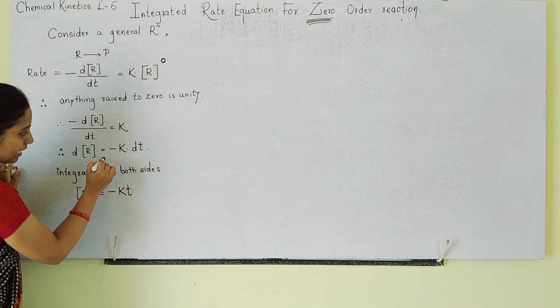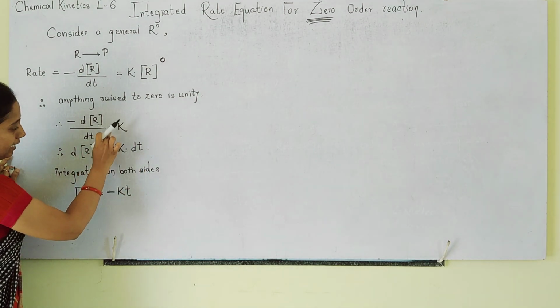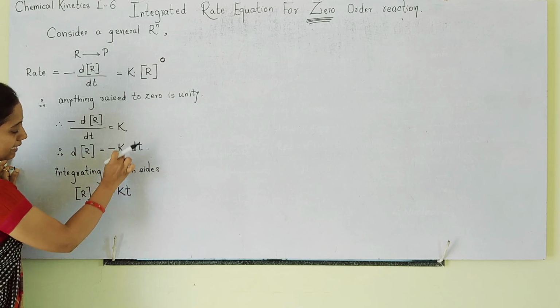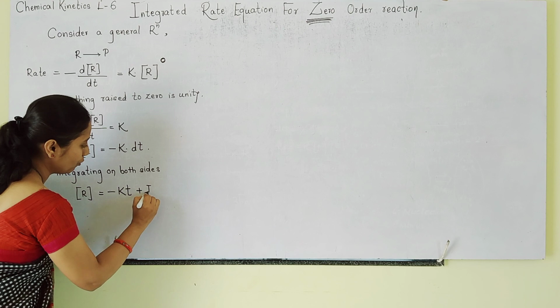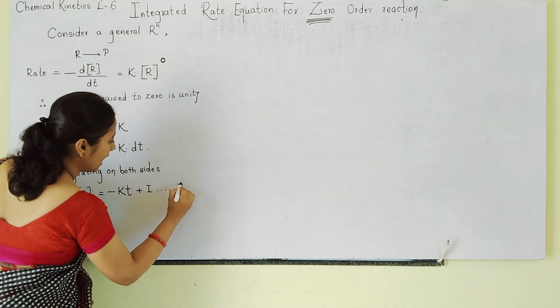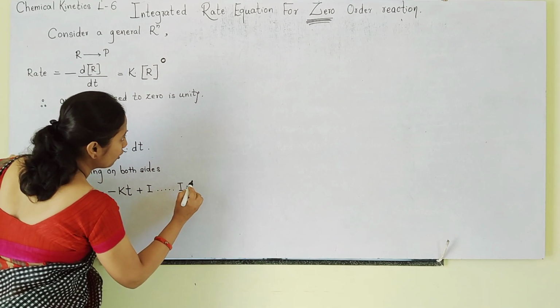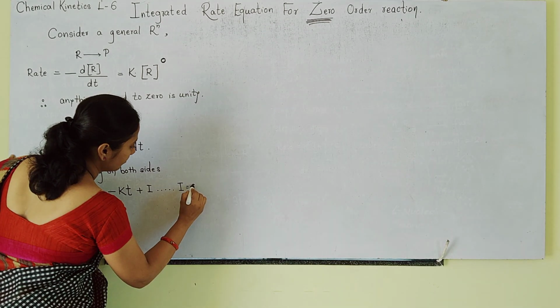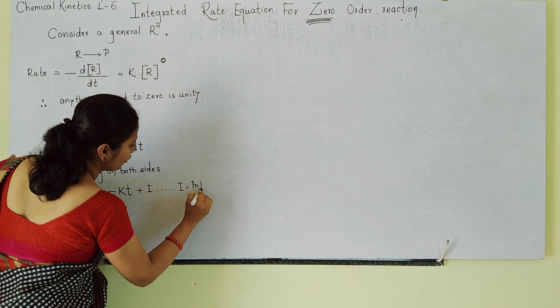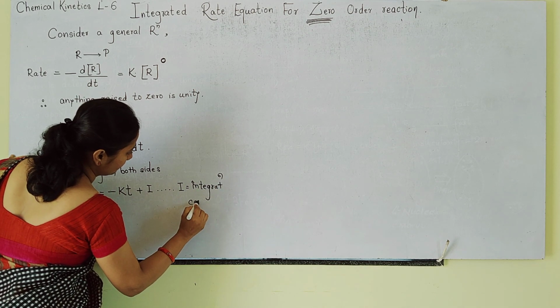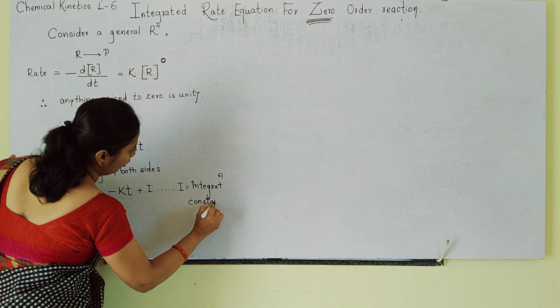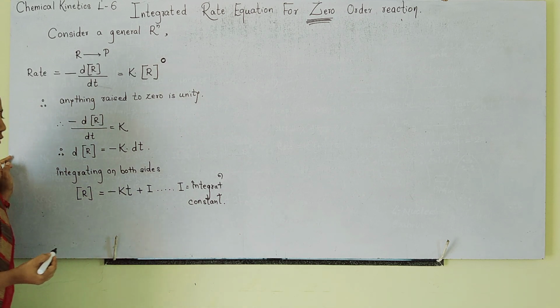Understanding? Integration of minus k dt: taking the constant minus k, the integration of dt is t, plus I. What is I here? I is called the integration constant, or constant of integration.